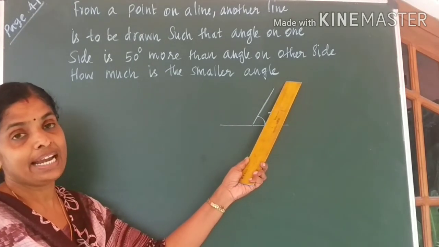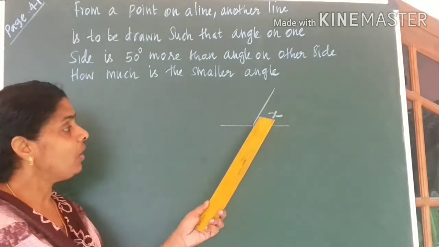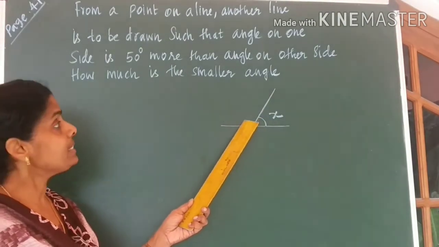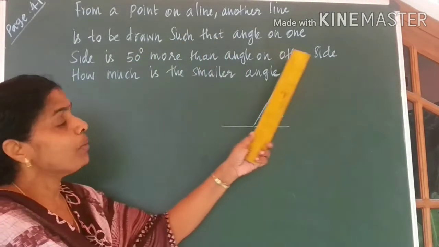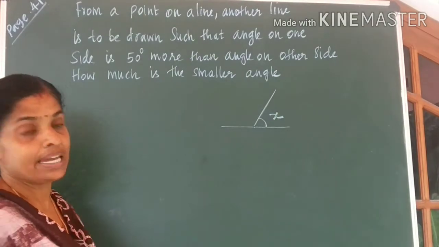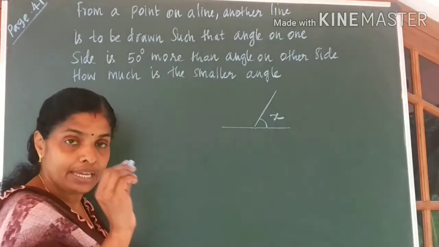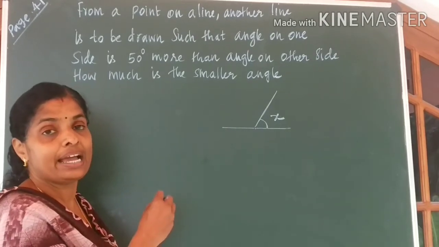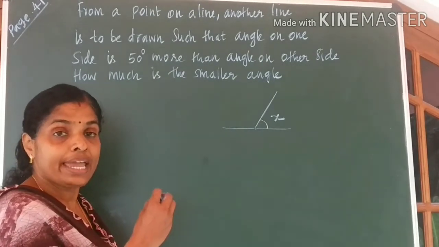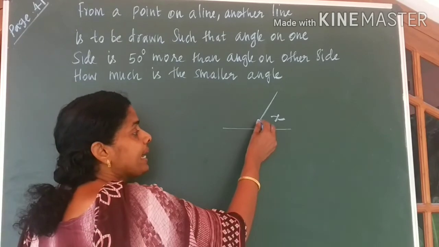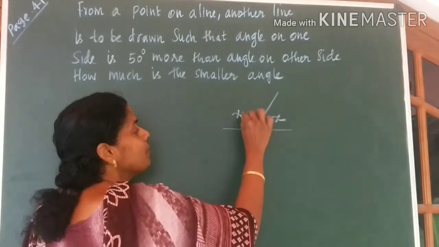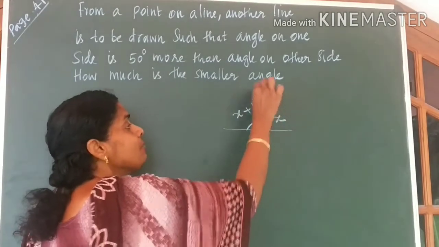Now what is the condition given? Angle on one side is 50 degree more than angle on the other side. So I took one angle to be equal to x. Therefore the other angle will be equal to x plus 50. So I can take this angle to be equal to x plus 50 degree.